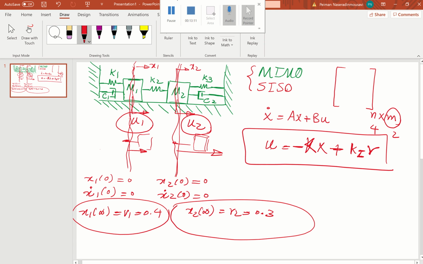I taught you, when you have non-zero desirable set points, like what? Like, say, for another example, suppose you have the temperature of the room at 75 Fahrenheit, and the temperature of another room at 80 Fahrenheit.